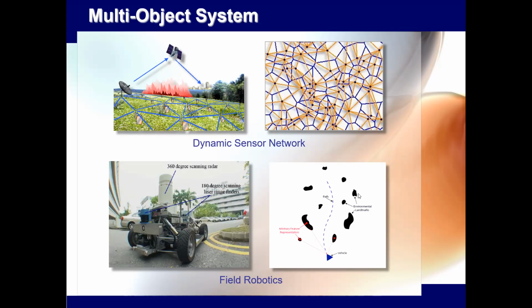At the same time, because I am locating the static objects and their relative distance to myself, I will also know my own location. This is known as the SLAM problem, simultaneous localization and mapping. So all these examples can be solved by using the mathematical tools that I mentioned earlier, the Bayes filter.